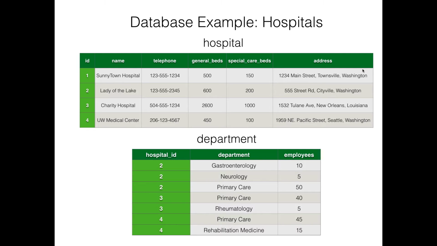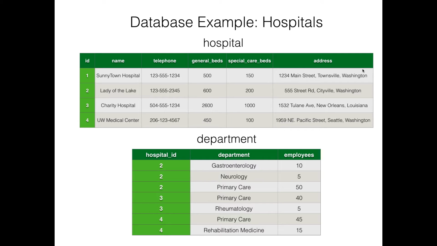So let's start with a super simple example of what could be a database, although it's just an Excel chart here. So imagine we have a database with a table called hospital and a table called department. And we have just general information about our hospitals. We've got names, telephones, how many beds they have, where they are, but just a text version of where they are, the address.